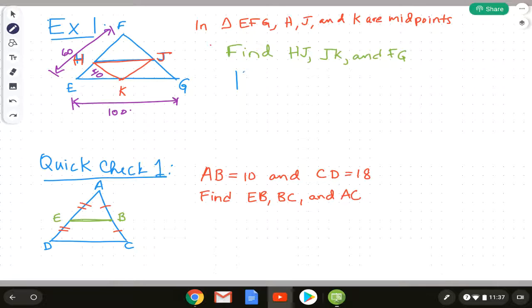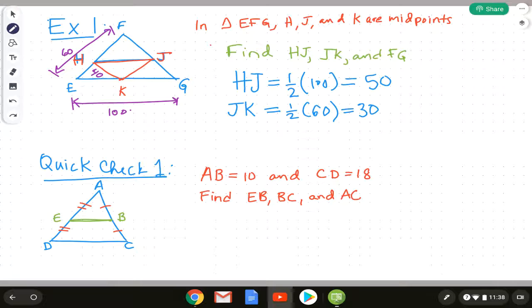So HJ will equal 1/2 times 100, which is 50. For JK, I'm looking to see what side it's across from. JK is opposite the side EF, and that was marked as 60. So the length of JK is going to equal half of 60, which is 30.